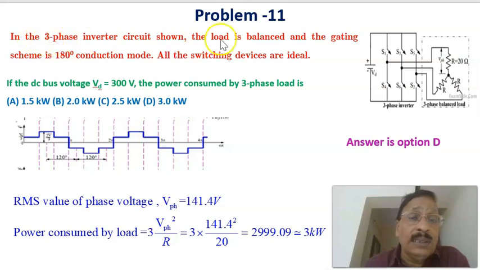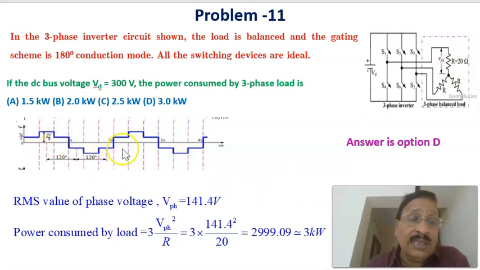Same problem here, another question connected to the same circuit, 180-degree conduction mode. In this 3-phase inverter circuit, the load is balanced and the gating scheme is 180-degree conduction. All the switches are ideal. If the DC bus voltage is 300 volts, what is the power consumed by the 3-phase load?